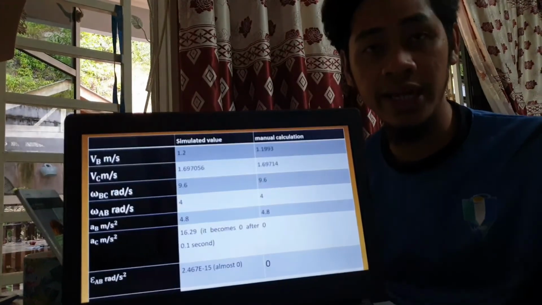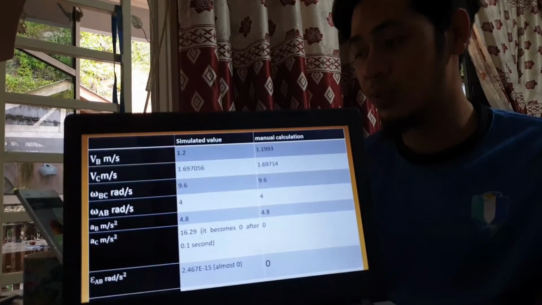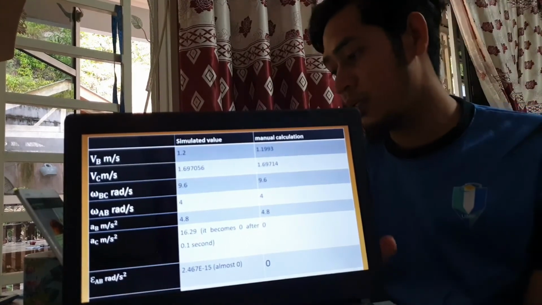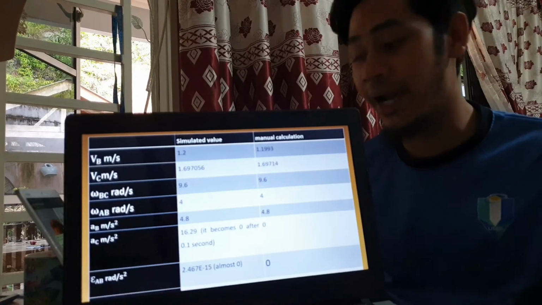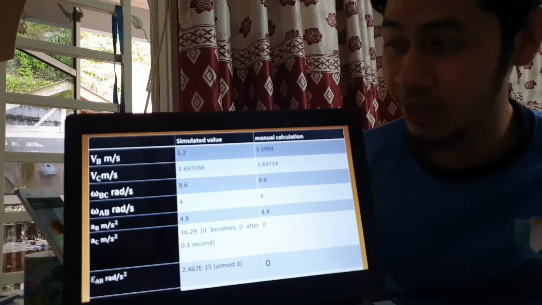We observe that there is quite a little difference between the simulated value and the manual calculation. The difference is also affected by the number of decimal places that we use.